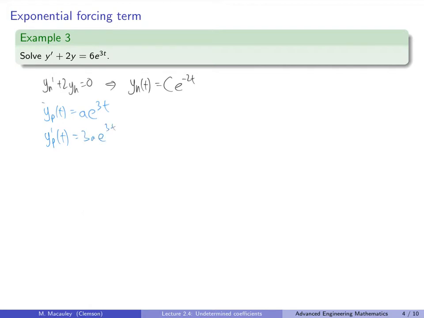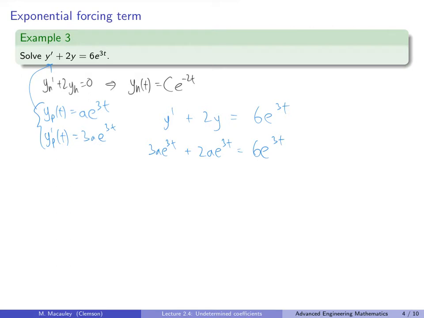Now let's plug this back in. So y prime plus 2y equals 6 e to the 3t. y prime is 3a e to the 3t plus 2 times a e to the 3t equals 6 e to the 3t.